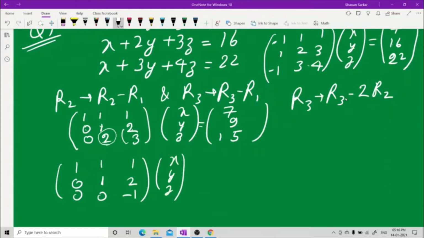Similarly, on the right side, 7, 9, and 15 minus 18, because 2 multiplied with 9 is 18, I'll get minus 3.